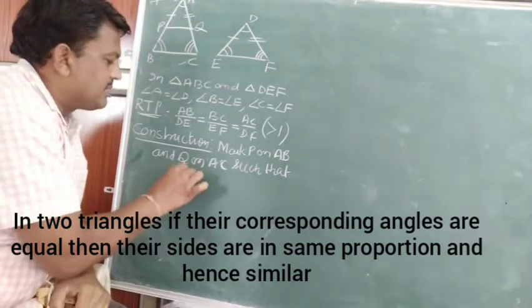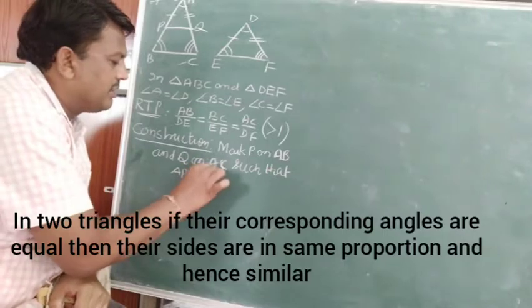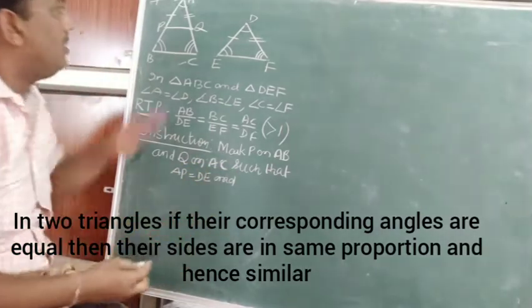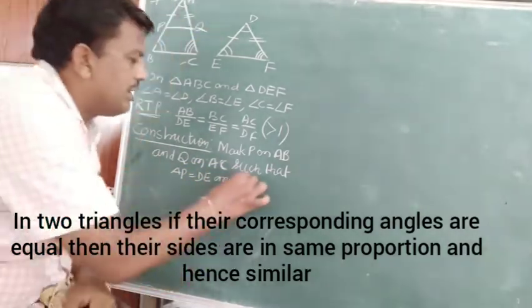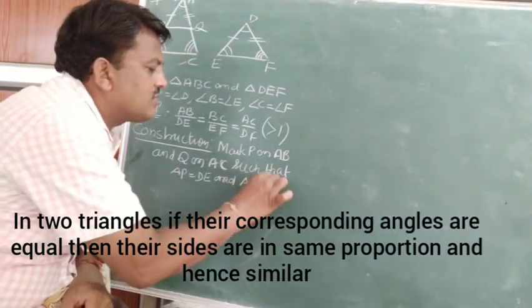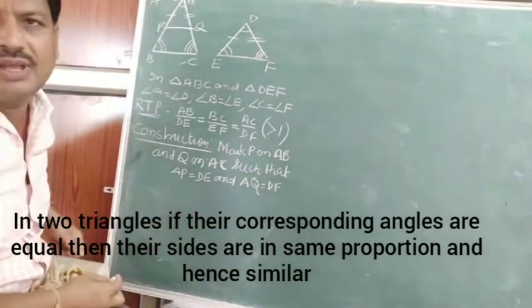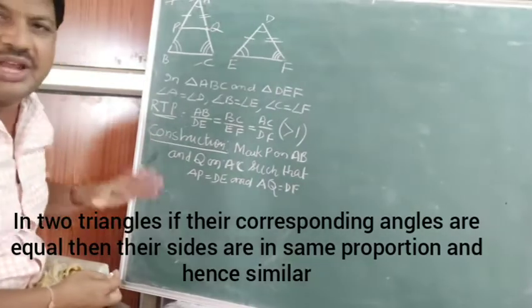So AP is equal to DE and AQ is equal to DF. This was our construction part, children. Okay, I think it's very clear to you.